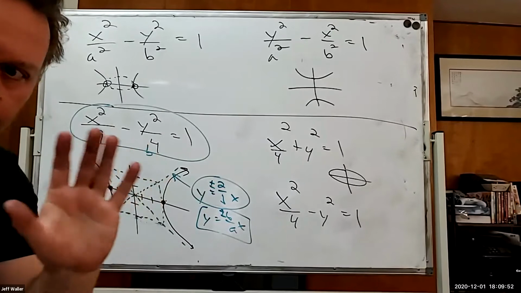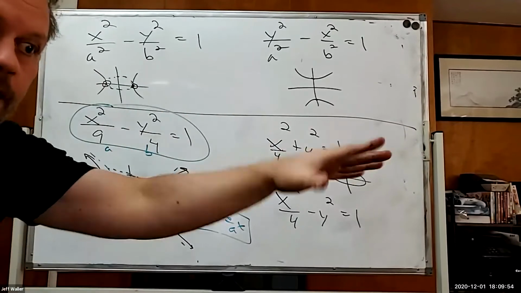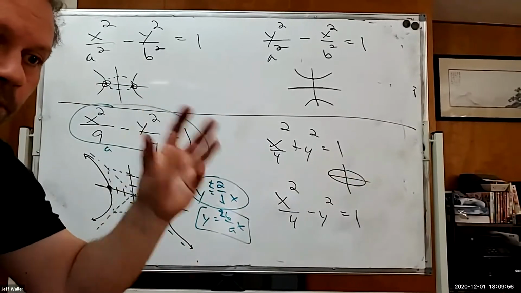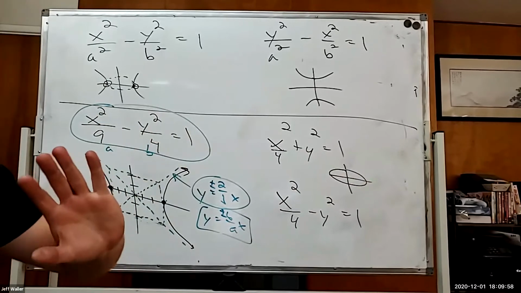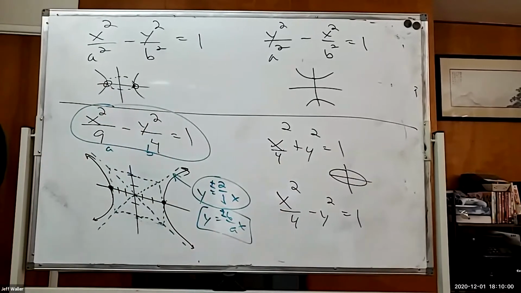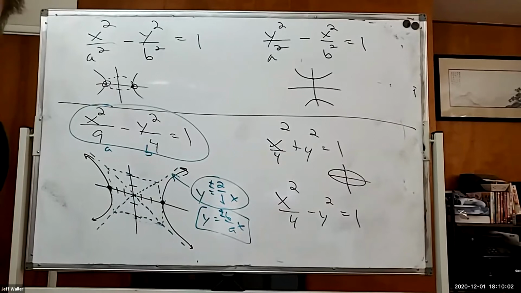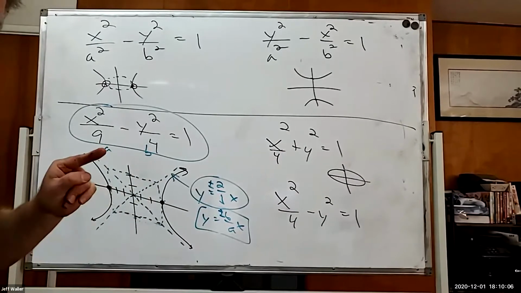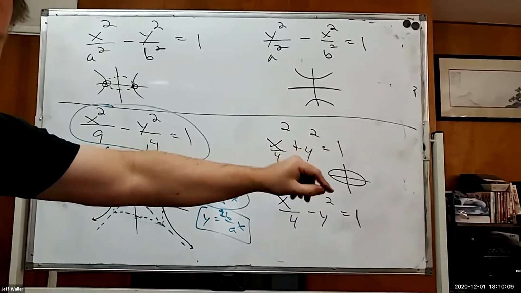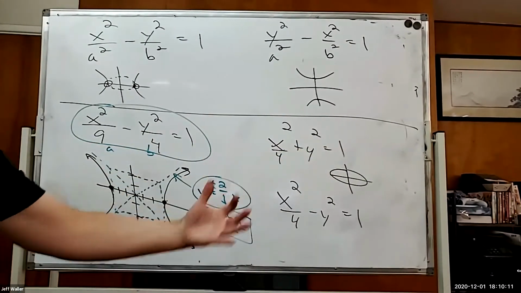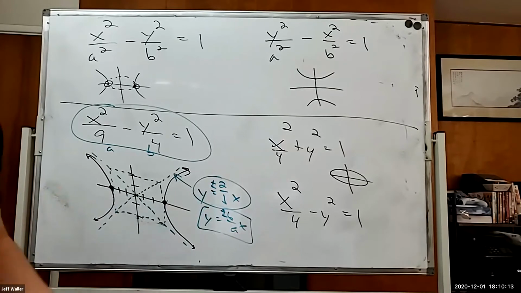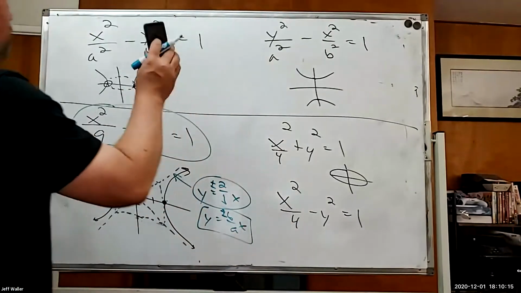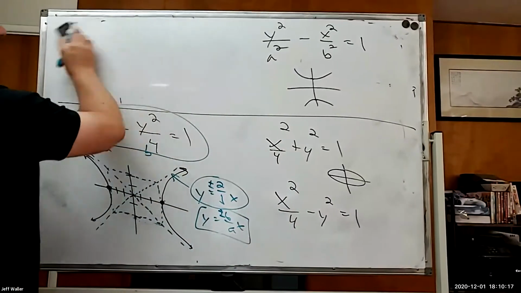To figure out horizontal asymptotes, I let what vary? We've forgotten. I let x get really, really big. I let x go to infinity.